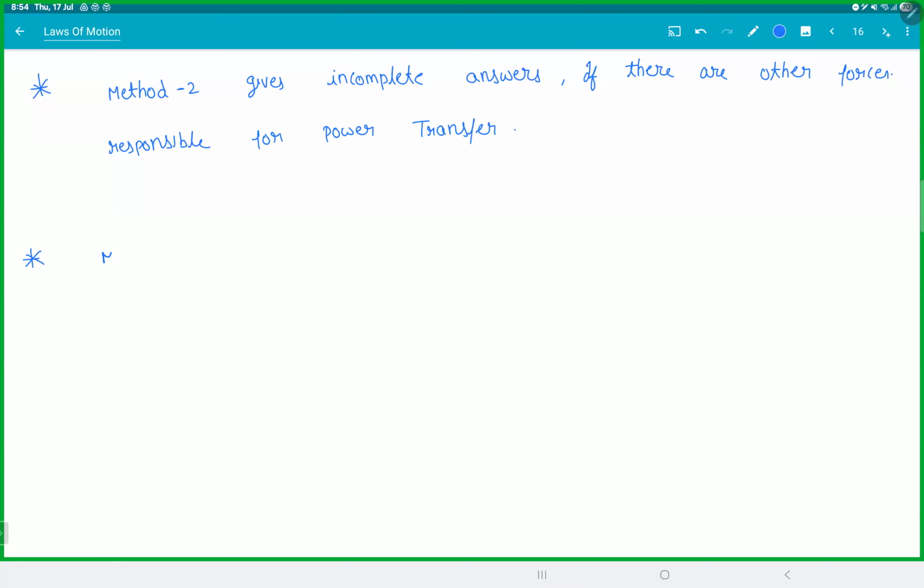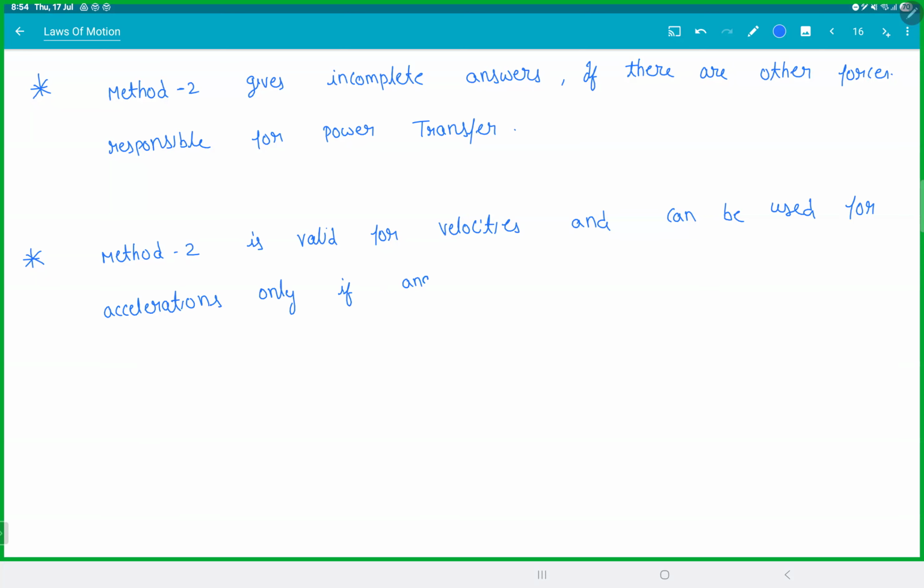Second thing, method 2 is only valid for velocities. And it can be used for acceleration only if the angle between tension and velocity is constant.